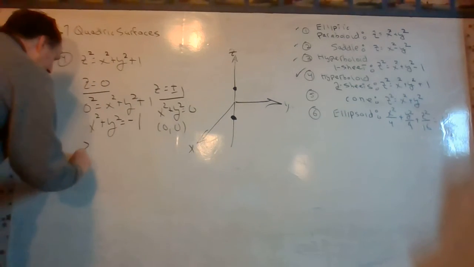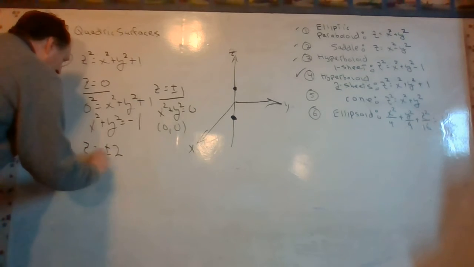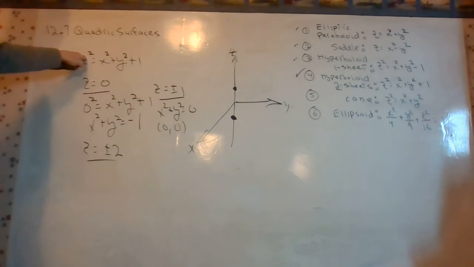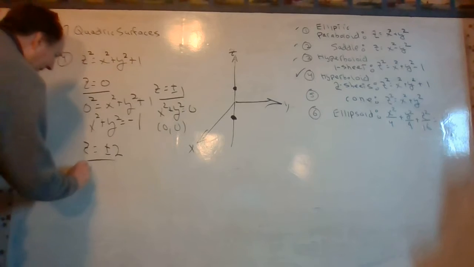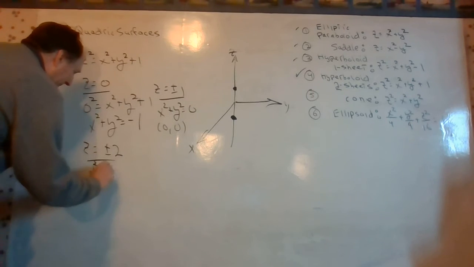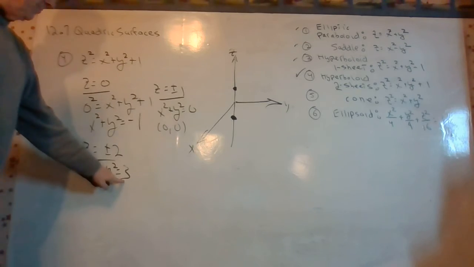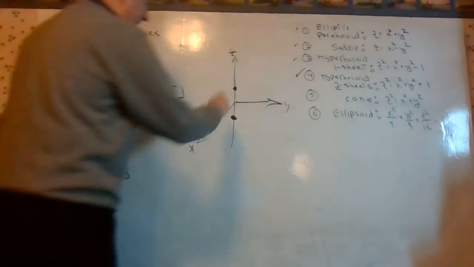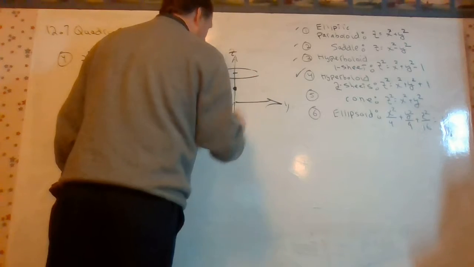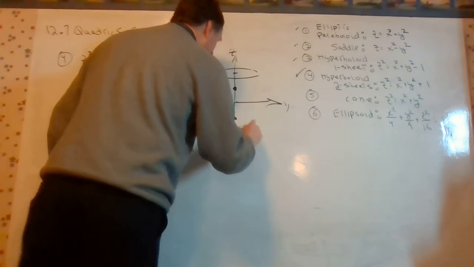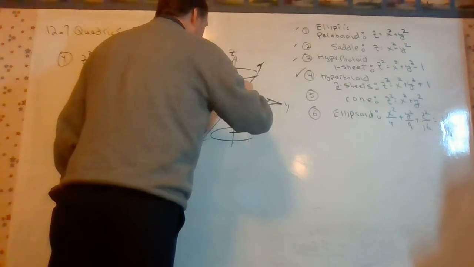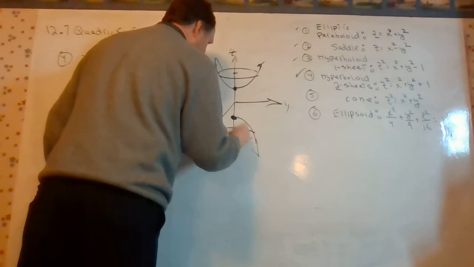And we can do z equals plus or minus 2. 2 squared is 4, subtract 1, and we get x squared. You can do the arithmetic. And guess what? The radius is about 1.7, square root of 3. So you move up to 2, we end up with a circle. Move down to negative 2, we end up with a circle. And we end up with that.